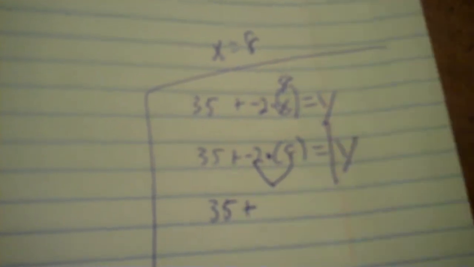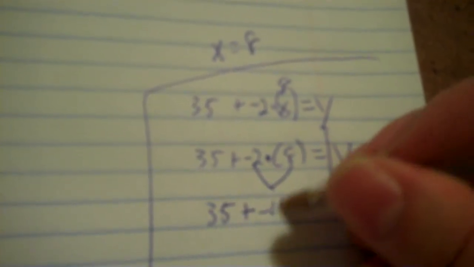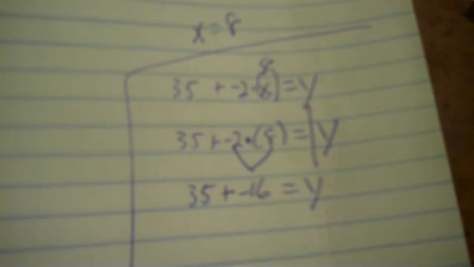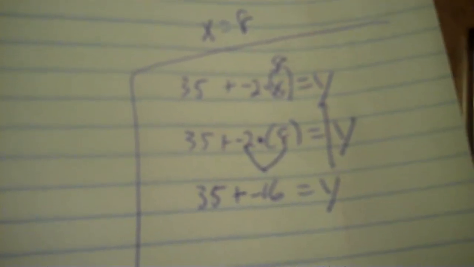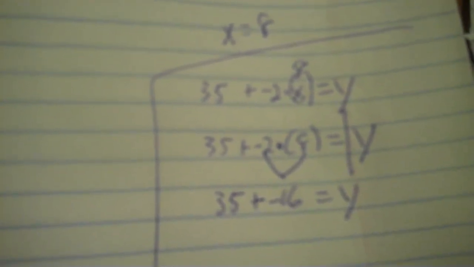Need times first. Negative 2 times 8 is negative 16. Remember, to get that negative, when you times, don't just take 2 times 8, it's negative 2 times 8. Okay? So 35 plus negative 16 is 19. So 19 equals Y. So that's what it's worth, $19.